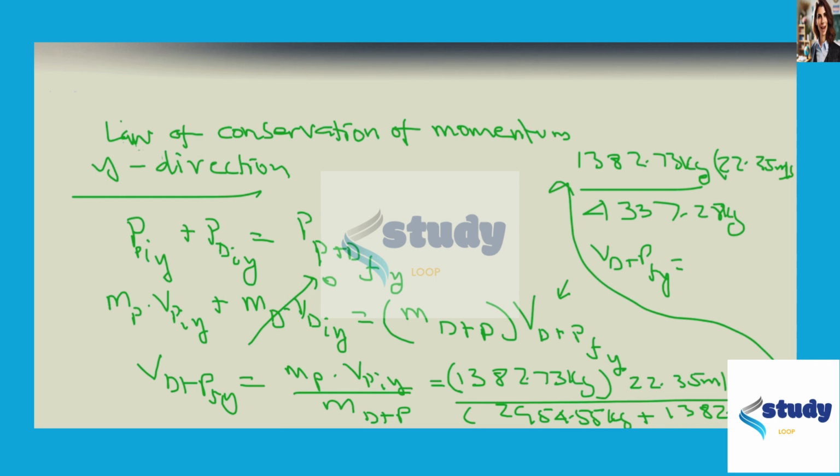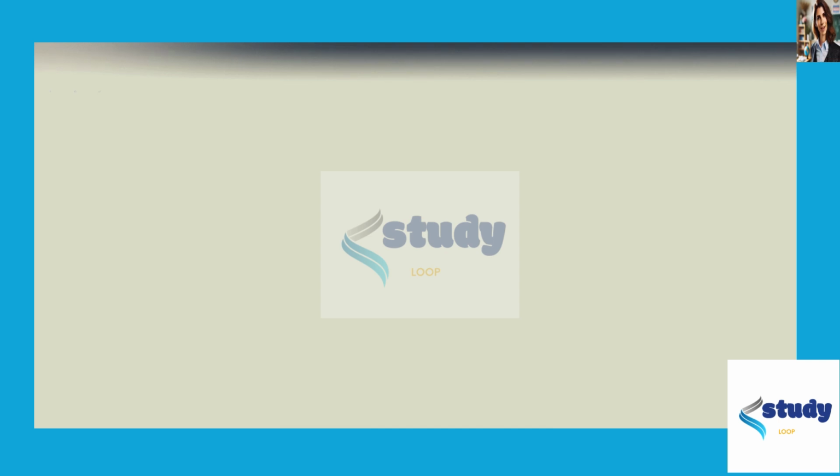So 1382.73 divided by 4337.28, and then times 22.35. So this is 7.125 meters per second. In the next page, we're going to elaborate what's going on here.